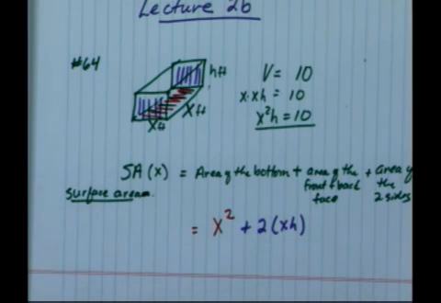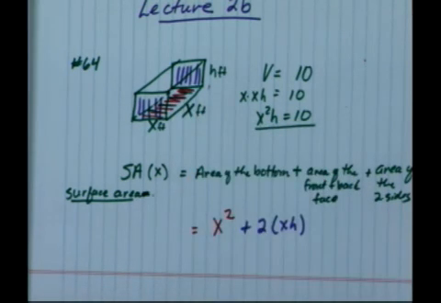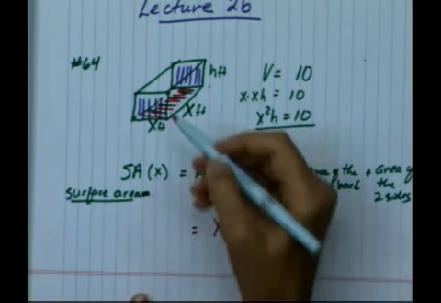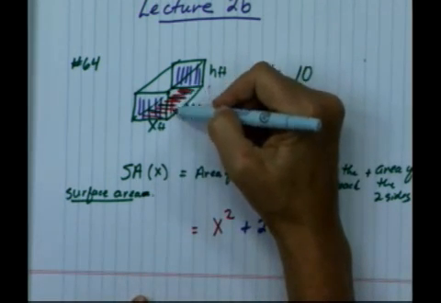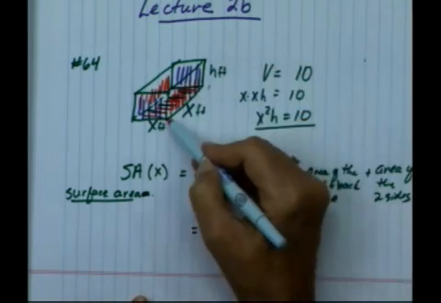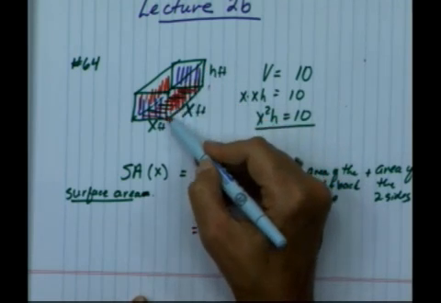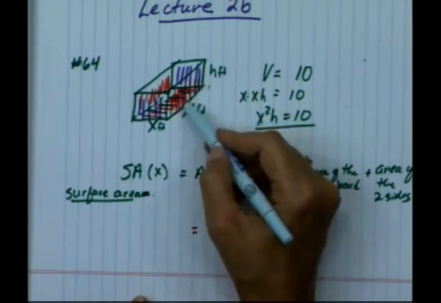All right, now let's go to the sides of my box. Let's do orange. Here are the sides of my box. So what is the area of this side right here? xh. x times h, it's a rectangle.